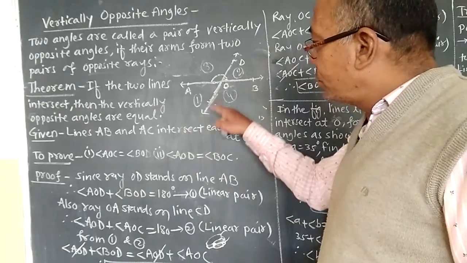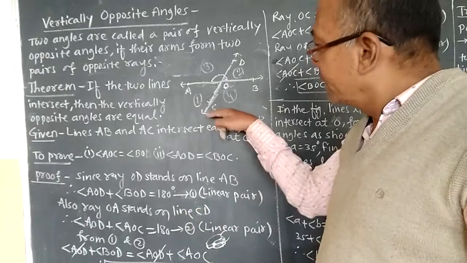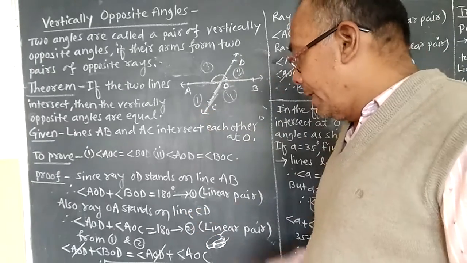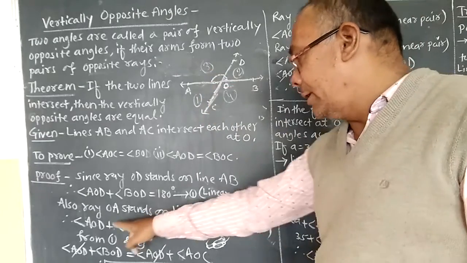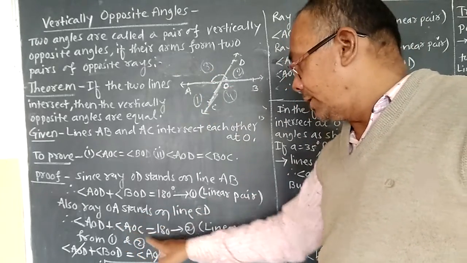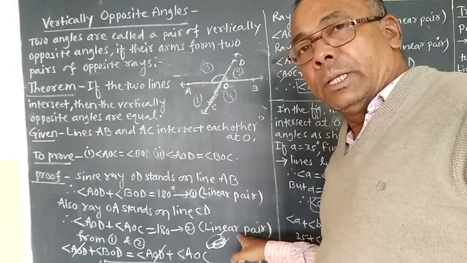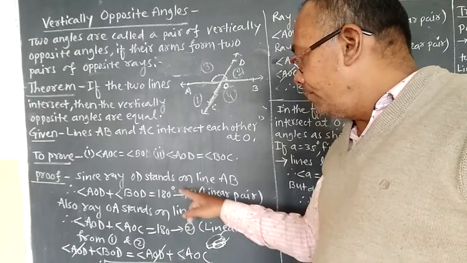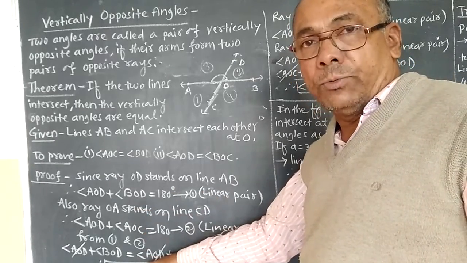Also, ray OA stands on line CD, and therefore these two angles, angle 1 and angle 3, that is angle AOD plus angle AOC, are equal to 180 degrees. Equation number 2, again the reason is the same, linear pair of angles. From 1 and 2, the RHS are equal, and therefore the LHS are equal.